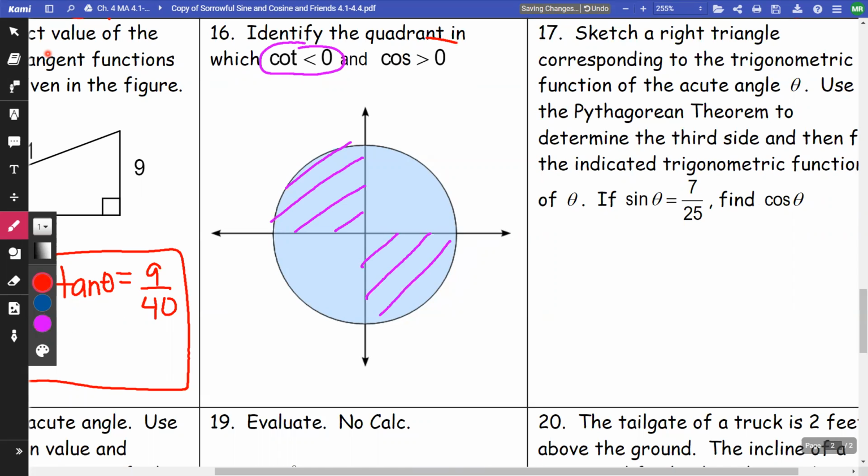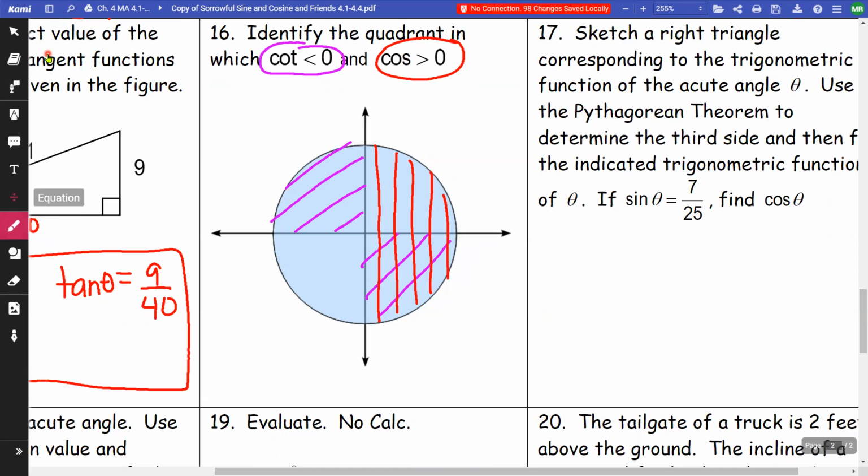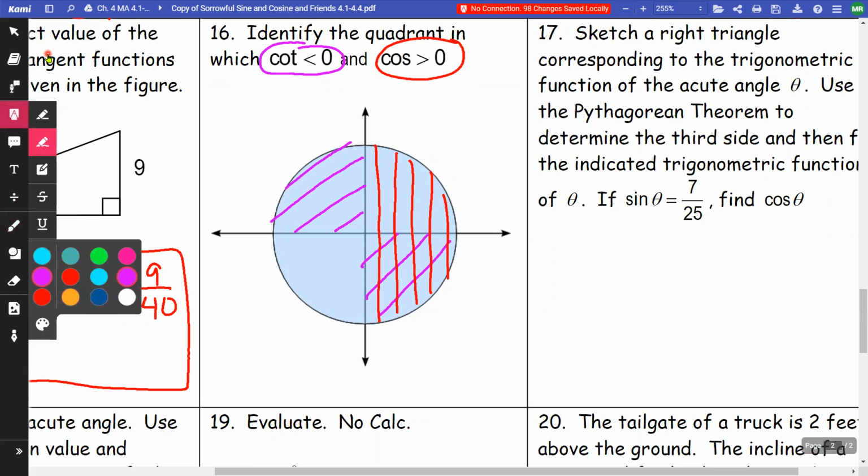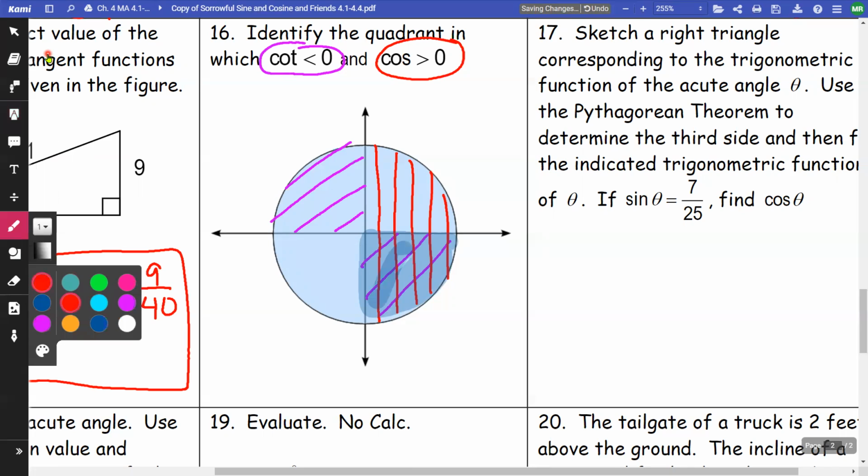And my cosine is positive in these quadrants here. And so where do I have both? I have both right here in quadrant 4. So my answer is quadrant 4.